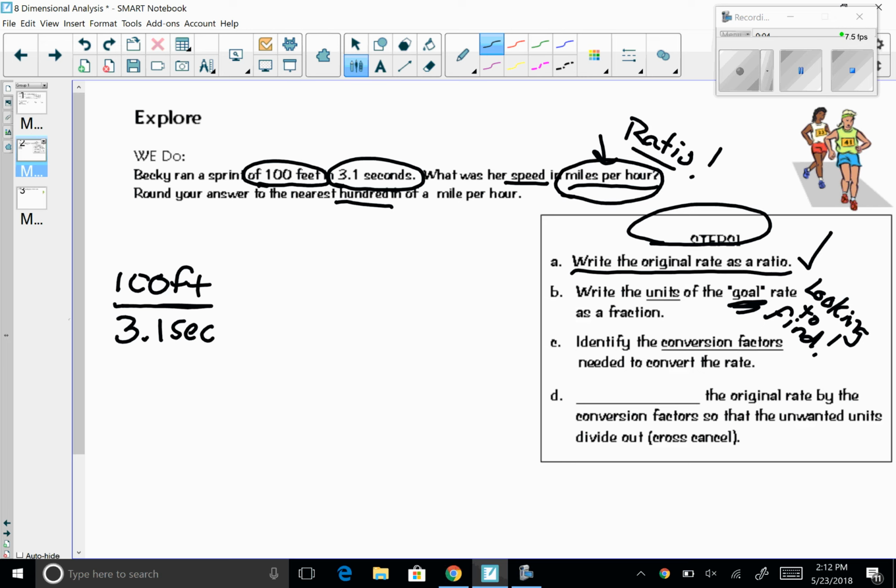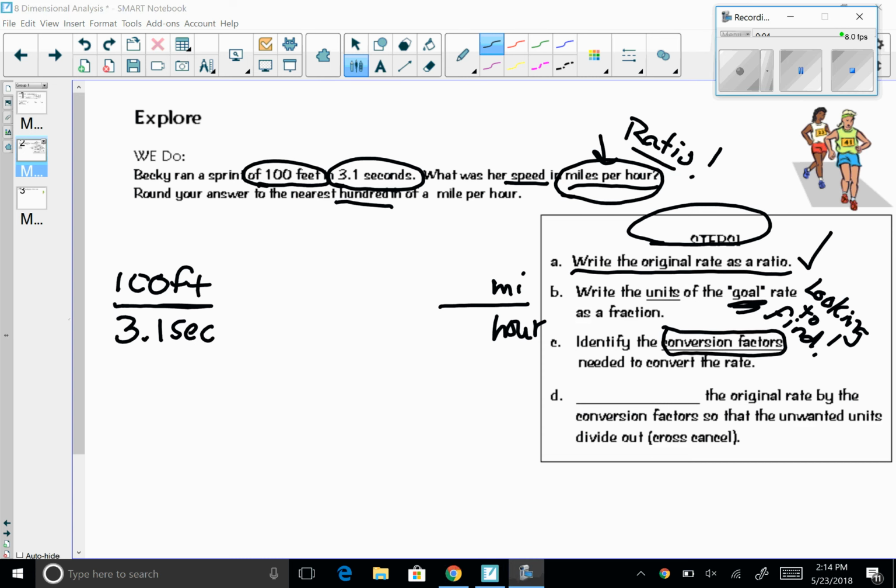So I'm going to write over here that I want to get to miles per hour. That lets me know that I'm going to need to follow some sort of steps to end up with those units at the end. So I now need to look at my reference sheet and identify some conversion factors that will be needed to convert the rate.